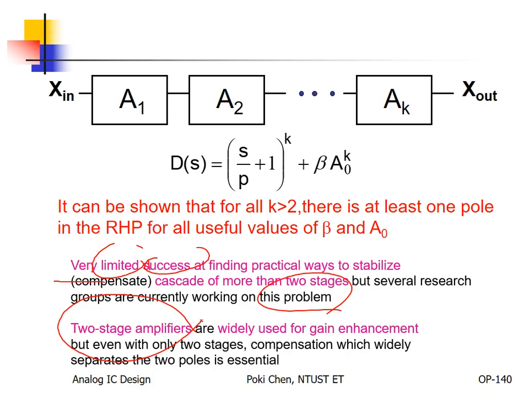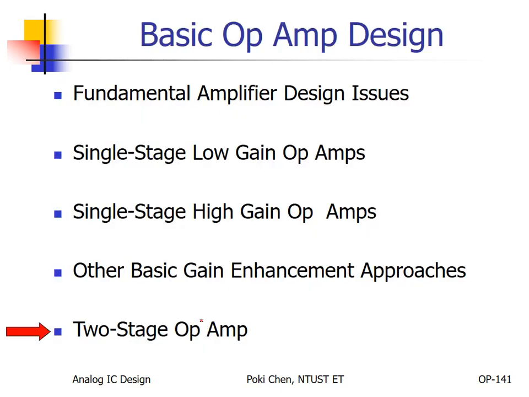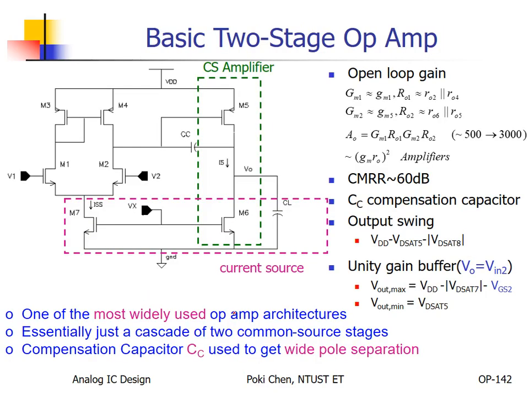The differential input, never mind the gain boosted cascode, I don't mind. And then the second high gain stage, no more than that. Okay? If you have a 3rd stage, it is not for voltage gain, that is for current gain, to enlarge your driving current, your output current. Then we focus on such a 2-stage op amp. That is the very fundamental one.